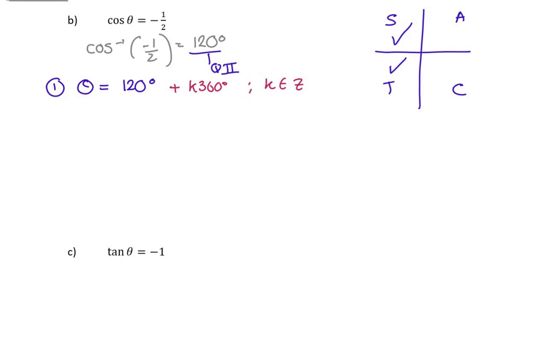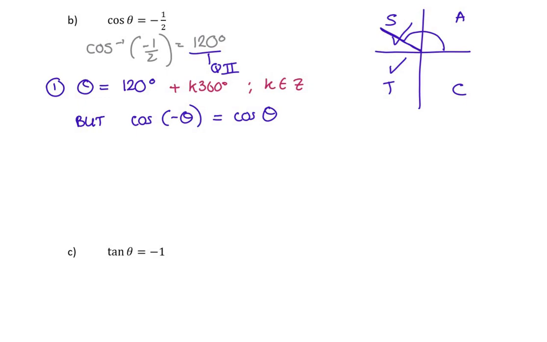Now last time what we did is we did 360 minus the solution to get the second solution. Now there's actually an even shorter way, and it makes it so much easier, and so we're going to do it from now on. 120 degrees is here. But we know that cos of a negative angle is exactly the same thing as cos of that angle.